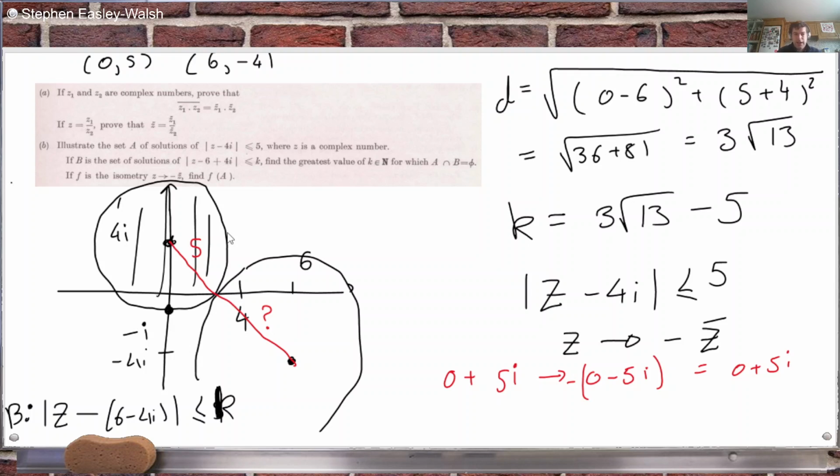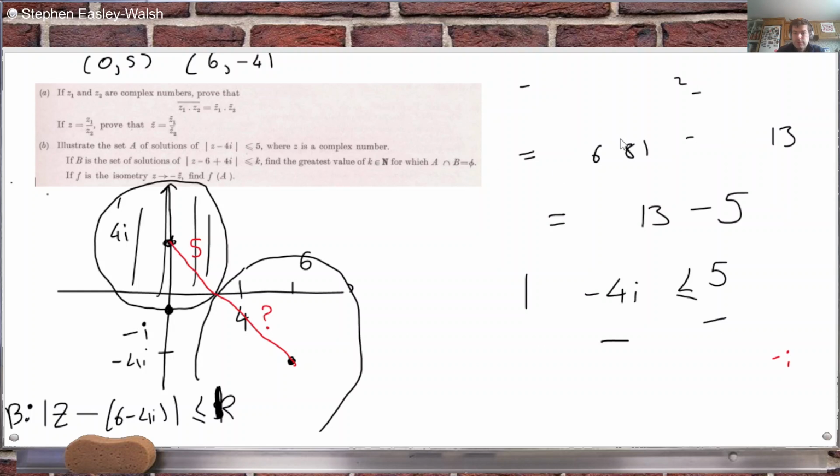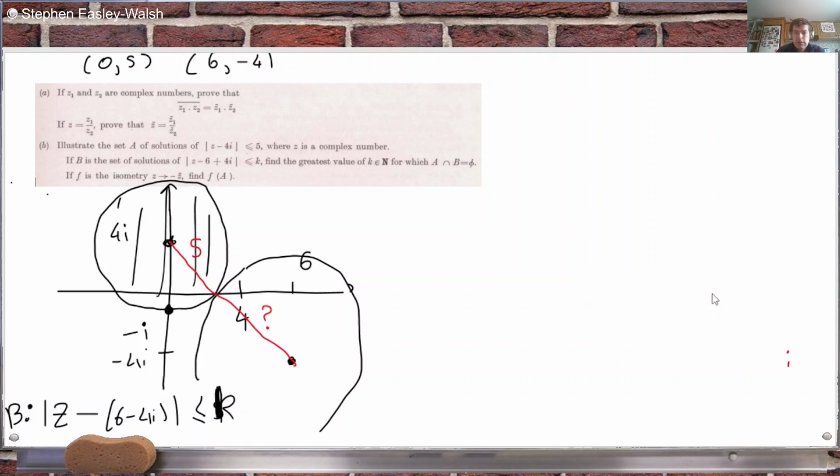I want to see what happens if I actually pick a point that's not the center and follow where it goes. So I'll just remove this here, make a bit of space. So I'm going to take this point here, which would be 5 plus 4i. Okay, so if I conjugate it, that becomes 5 minus 4i.